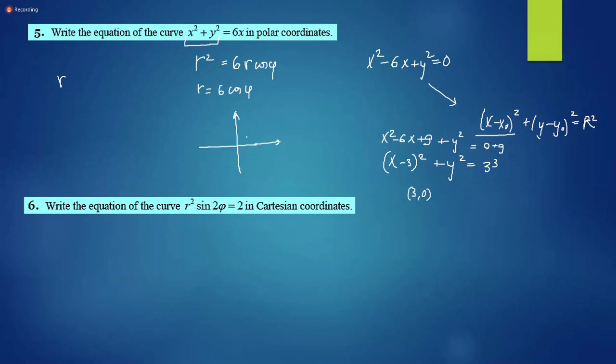The radius is 3, so the circle actually passes through the origin. And we see that we have the same equation in the Cartesian coordinates, and we can have the same equation in the polar coordinates. Even though the center is not at the origin, the polar equation is simpler. So in many cases, the polar system is actually more convenient to use.